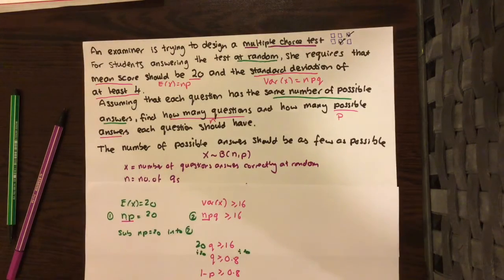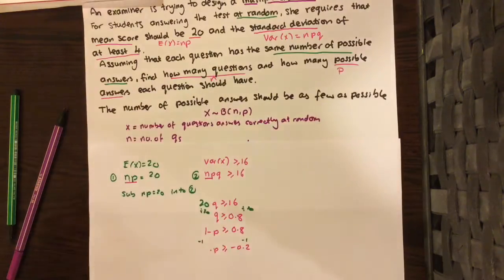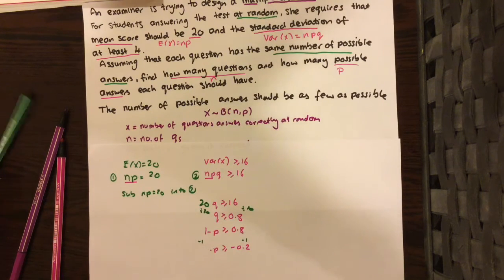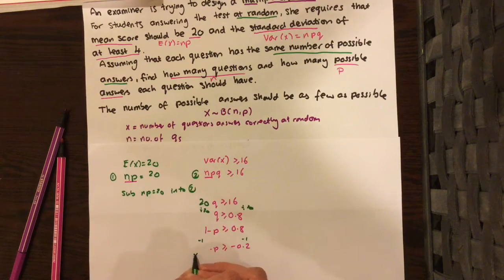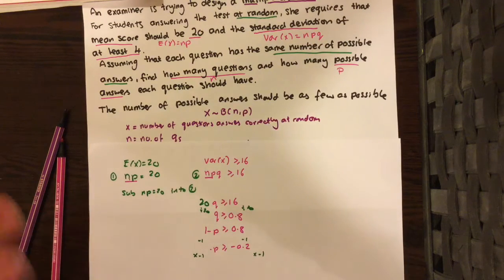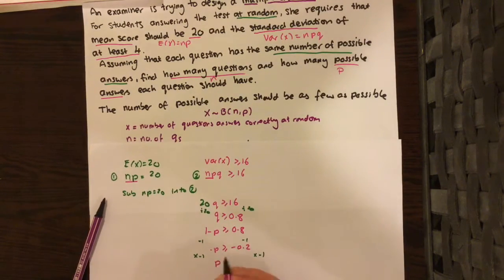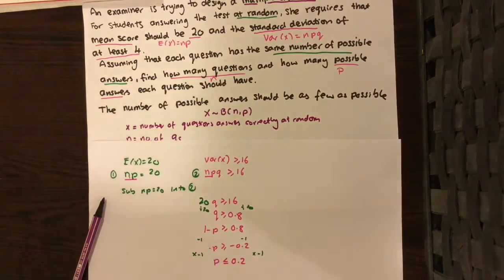With an inequality, we don't want negatives, so we're going to multiply both sides by negative 1. Remember, when you multiply or divide an inequality by a negative, it reverses the inequality sign. So the probability of success needs to be 0.2 or less.